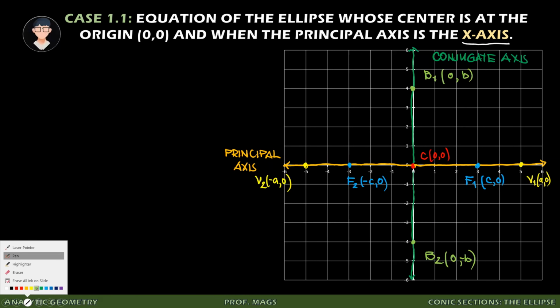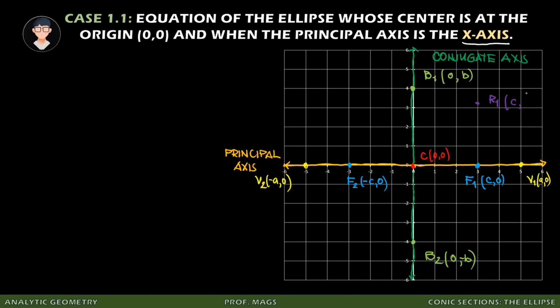We also have the endpoints of our latus rectum. The endpoints of our latus rectum are r sub 1, with coordinates positive c and b squared over a. We have r sub 2, with coordinates positive c and negative b squared over a.